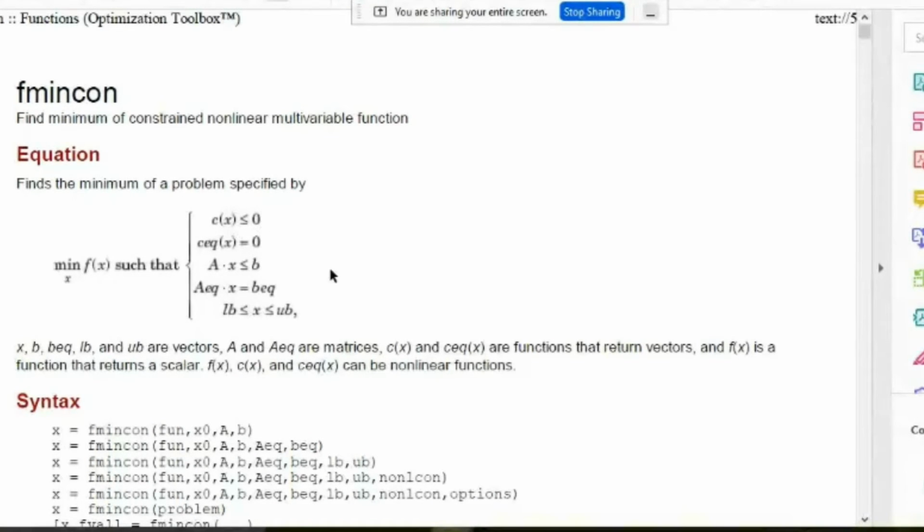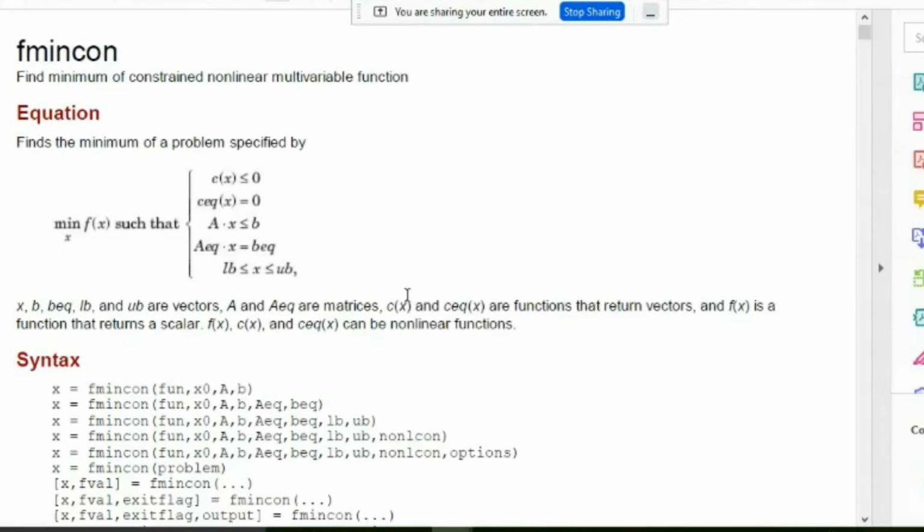Any kind of problem can be simply solved by using this solver, simply by developing one M file for the objective function and one M file for the non-linear constraints. For linear constraints, we need not develop an M file; directly we can input the data. Whereas for non-linear constraints, we have to write another M file, and then finally another M file to run the objective function and constraints, right? So totally 3 M files we have to write: one run file, one M file for the objective function, and one M file for the constraints.